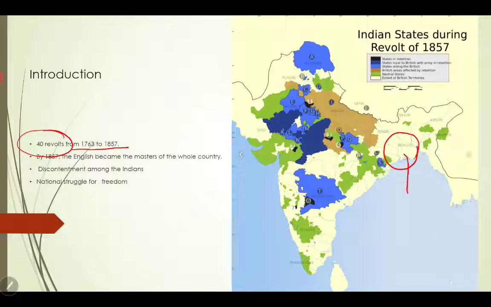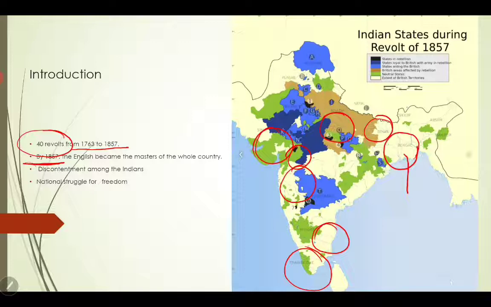Bengal, West Bengal, Bihar, Delhi, Karnataka, Bombay, Gujarat, Vellore, Kerala, and many more places like that. And by 1857, the English had already become the masters of our whole country, whether it is economic, politics, administration, military, everything was under their control.